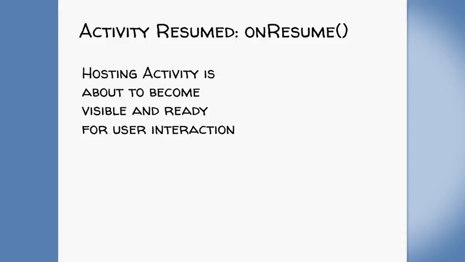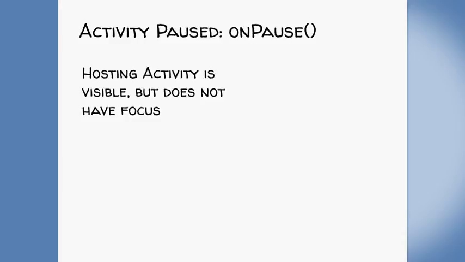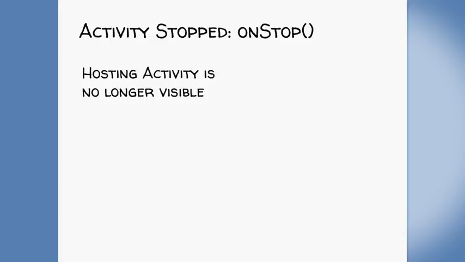When the hosting activity is about to become visible and ready for user interaction, Android calls the fragment's onResume method. And when the hosting activity is visible, but another activity is about to come into the foreground, Android calls the fragment's onPause method. And when the hosting activity is no longer visible, the fragment receives a call to onStop.